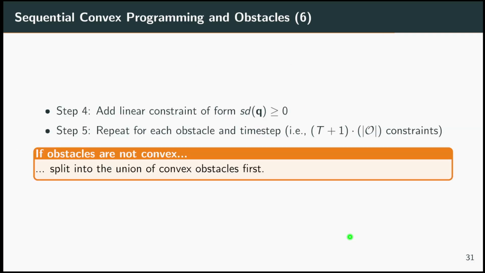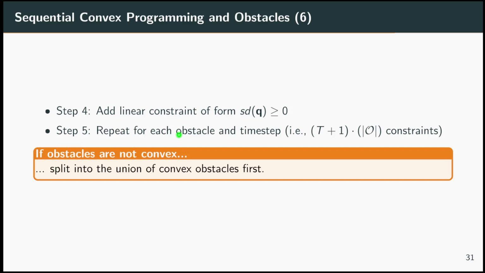Okay, so why is that interesting now? Because now we have a linear way of expressing our signed distance, and we can just add a constraint, making sure that it always stays positive. If it ever turns negative, then we violate. And so we add this sort of constraint for each obstacle that we have and each time step.